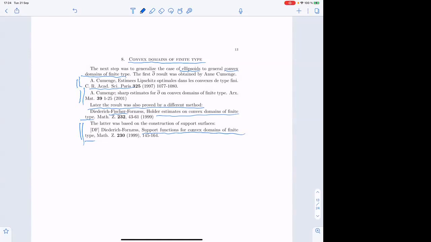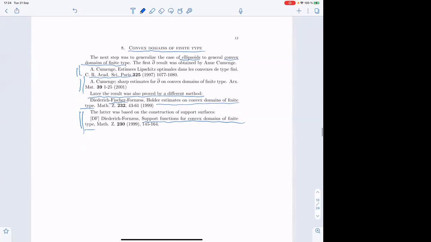The application to Henkin Ramirez integral reproducing formulas could be done, although we didn't write that; we were really only focused on the support surfaces. So this basic ingredient phi. Okay.